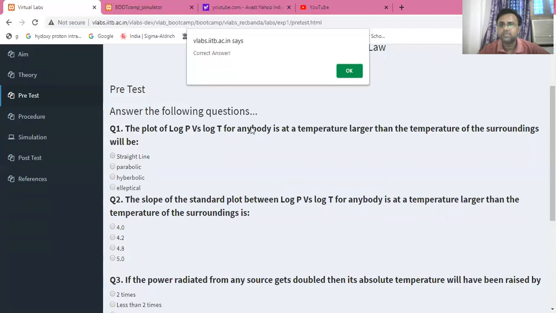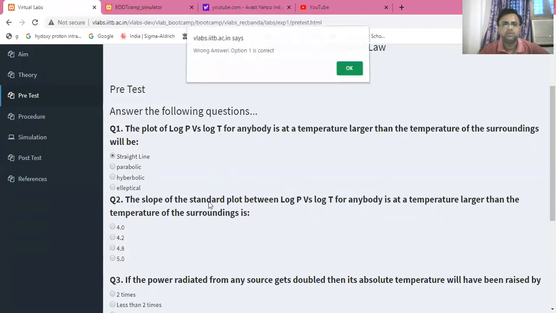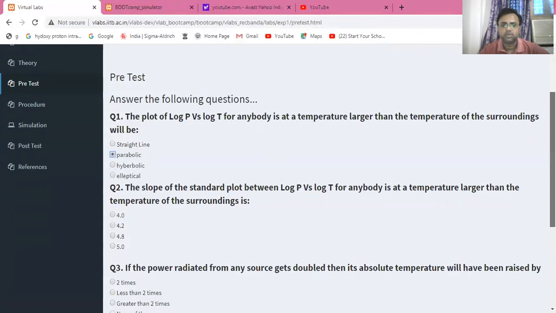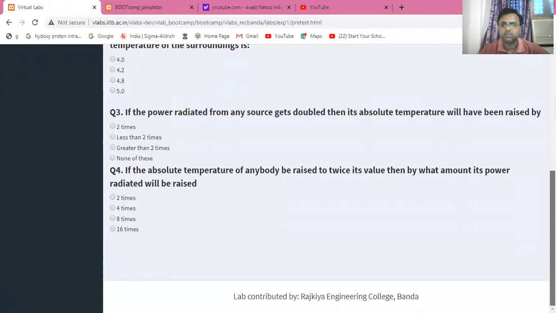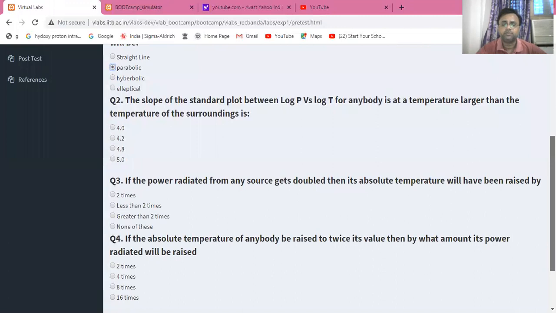It will be a straight line. These are some basic questions to check your knowledge about Stephen's law and the relation between log P and log T.